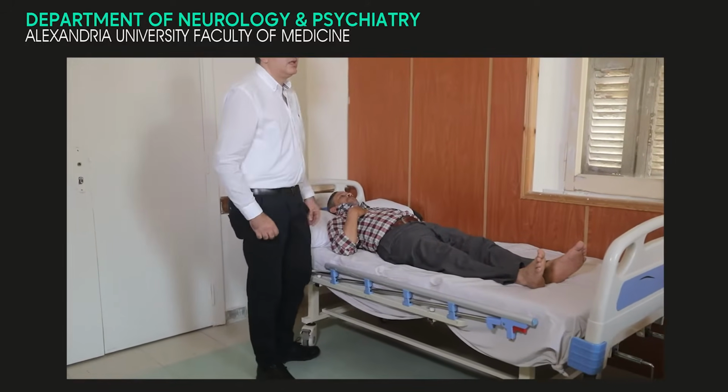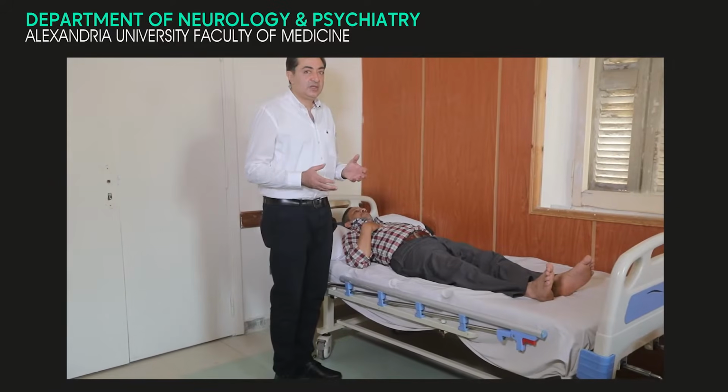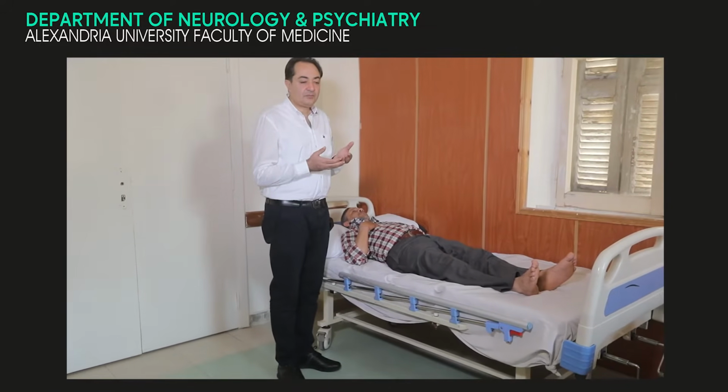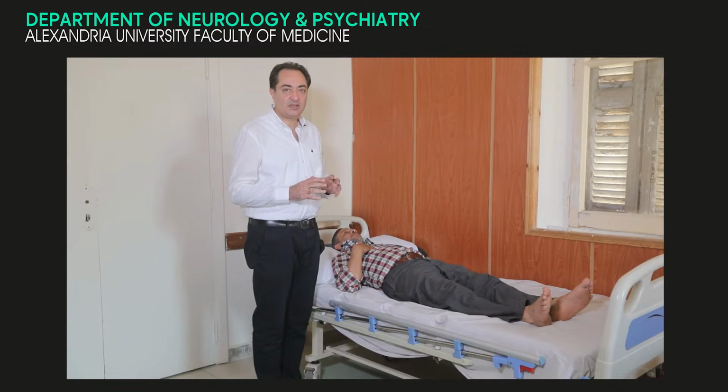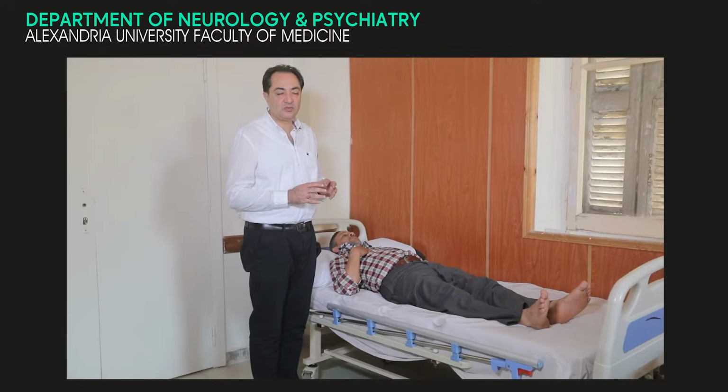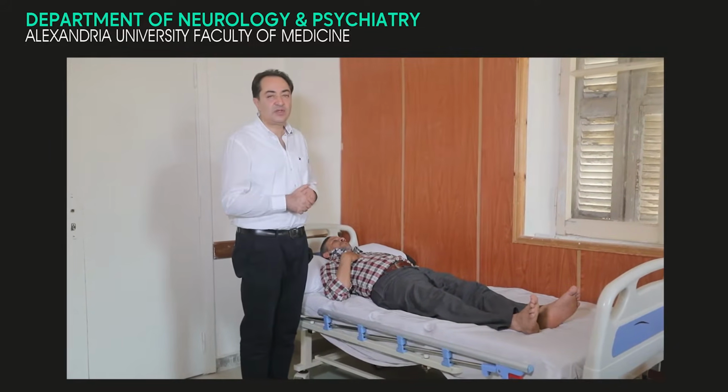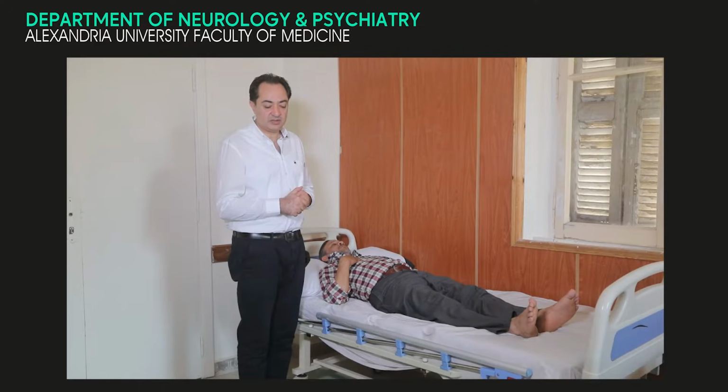So when I see the tone is increased, I may have one of two things, either rigidity or spasticity. Spasticity occurs with pyramidal lesions, while rigidity occurs with extrapyramidal lesions.